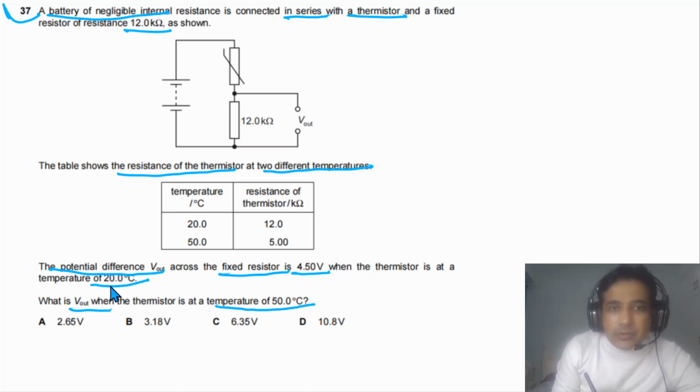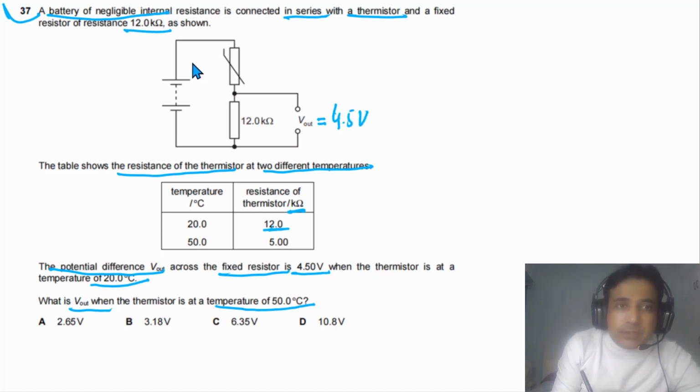So when the thermistor is at a temperature of 20 degrees Celsius, the resistance of the thermistor is given, that is equal to 12.0 kilo ohms. It means at 20 degrees Celsius, the resistance of this thermistor is the same as the resistance of the fixed resistor. It is given to us that V out is equal to 4.5 volts.